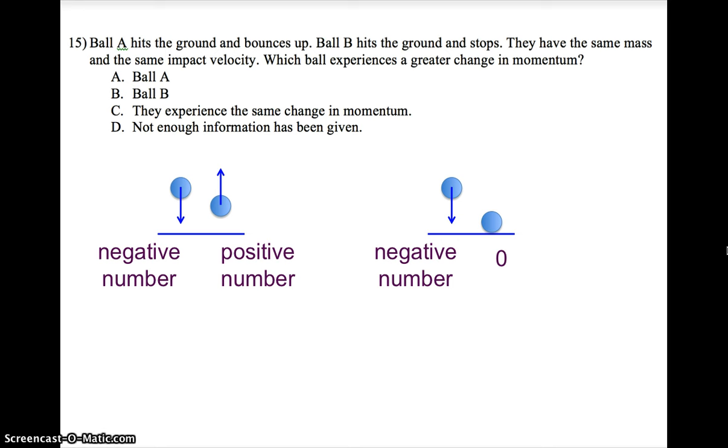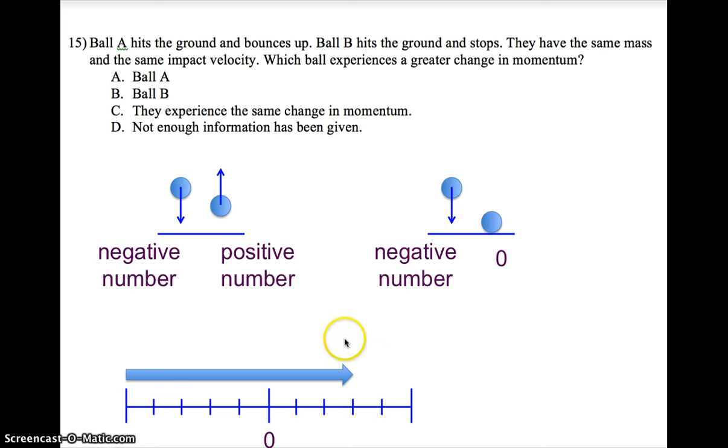Now, if you look at a number line, we can imagine here's 0, everything on the left is negative, everything on the right is positive. Which ball has a bigger change in velocity? Well, ball A starts at some negative value somewhere over here, and it ends up at some positive value somewhere over here. We don't know what the numbers are, but we know it starts on the left side, ends on the right side, in the positive territory.